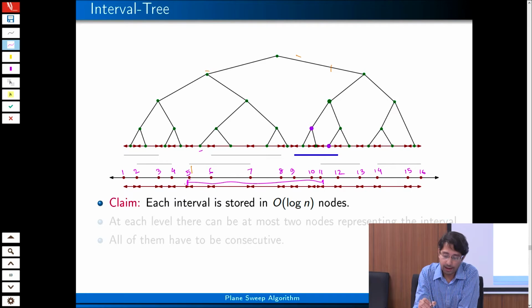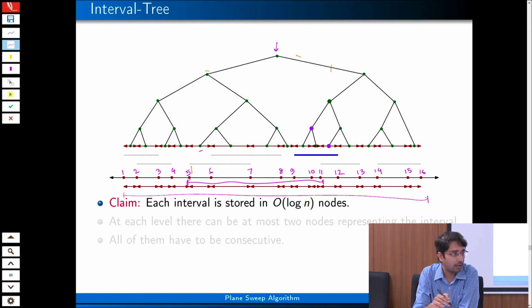So I'll start at the root. Is this interval a subset of the root, or exactly the root, or a superset of the root? No. The interval stored at the root is bigger than this interval. So we will not report the interval at the root.